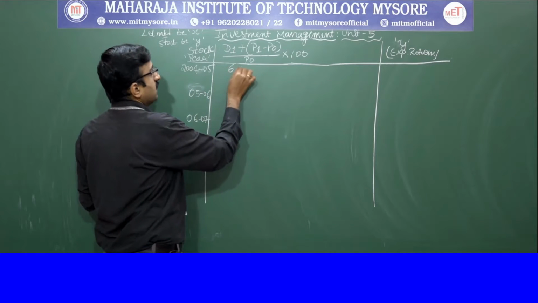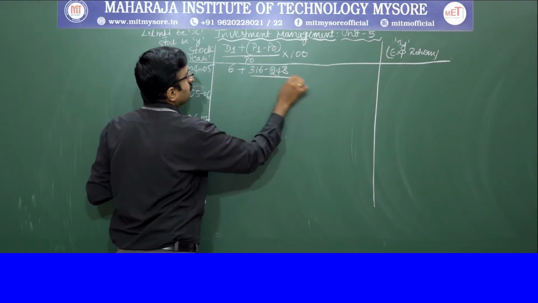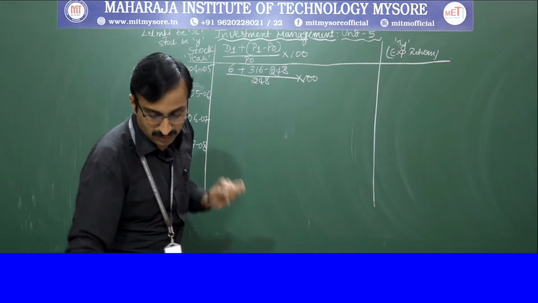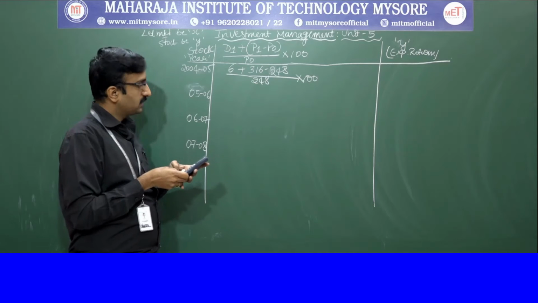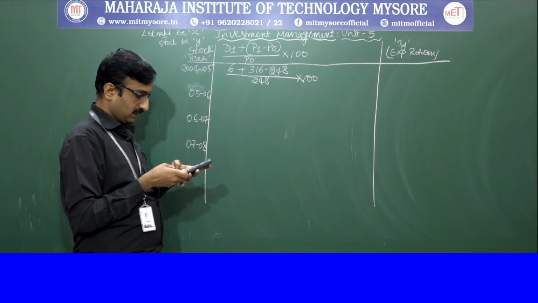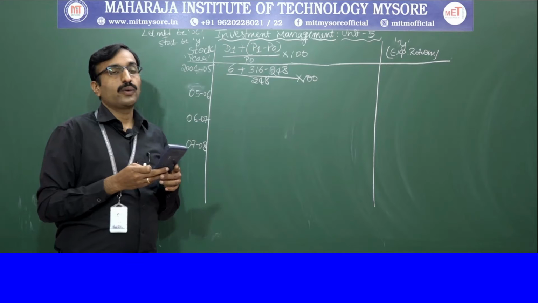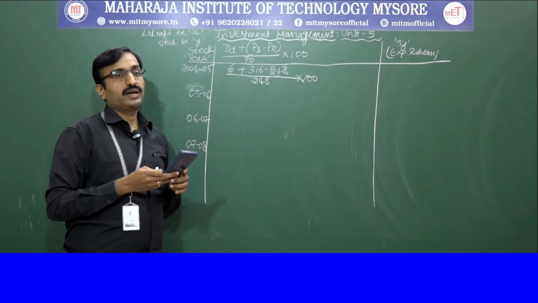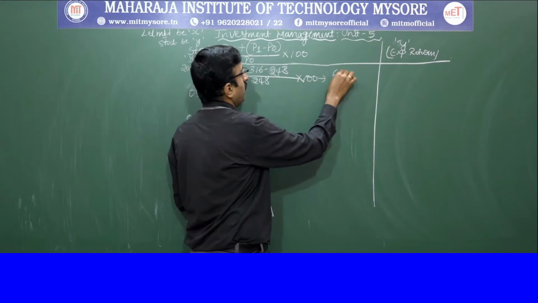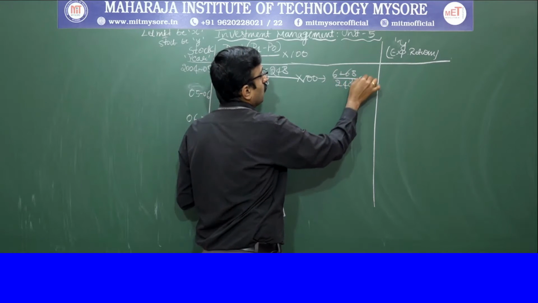So 6 plus 316 minus 248, which is 68, divided by 248, whole into 100.